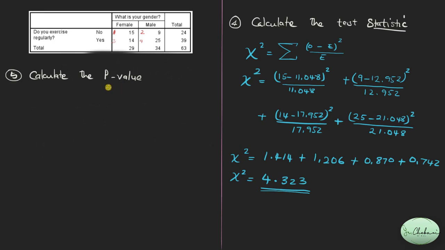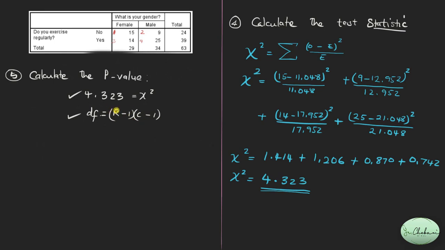The first thing we need for the p-value is our test statistic, right? So we have our test statistic, which is 4.323, and this is our chi-square value. And then we need degrees of freedom. The degrees of freedom for a chi-square test for independence are given by this formula: the number of rows minus 1 times the number of columns minus 1.